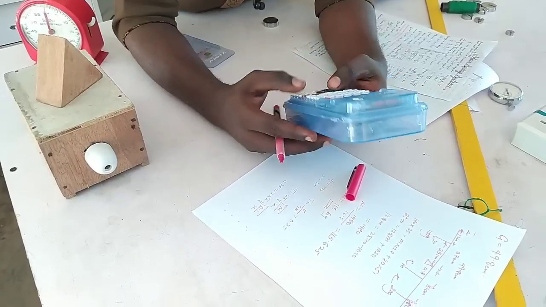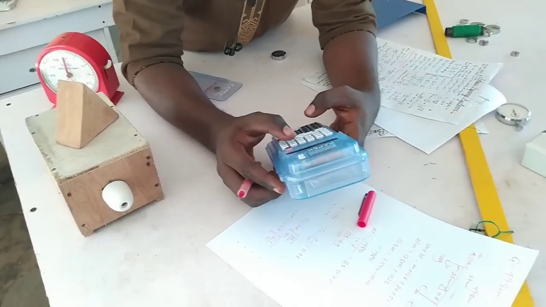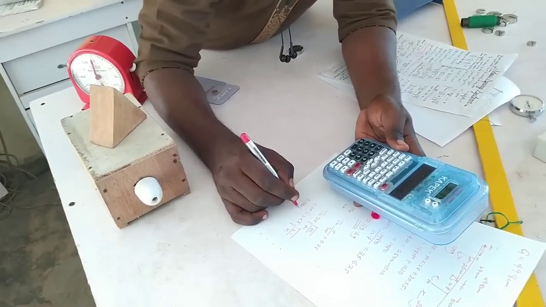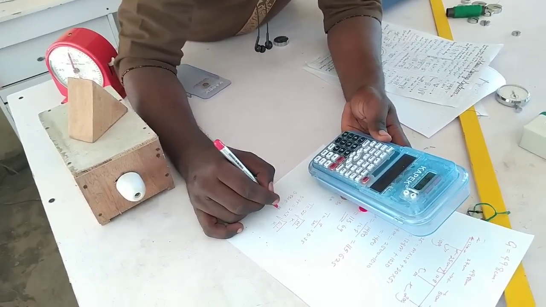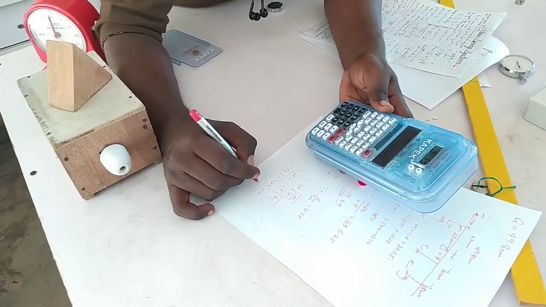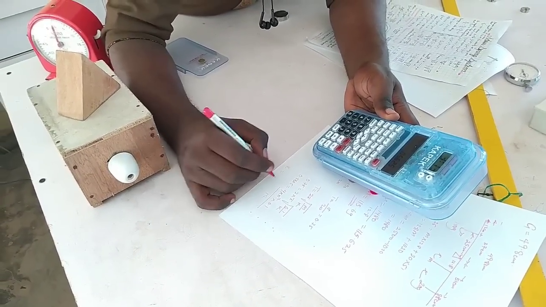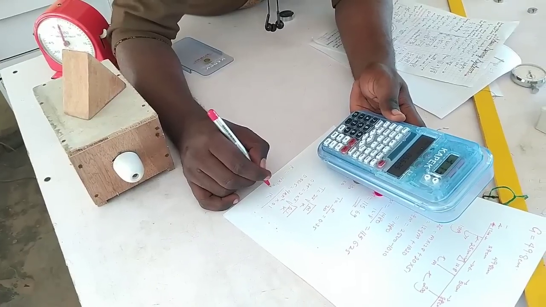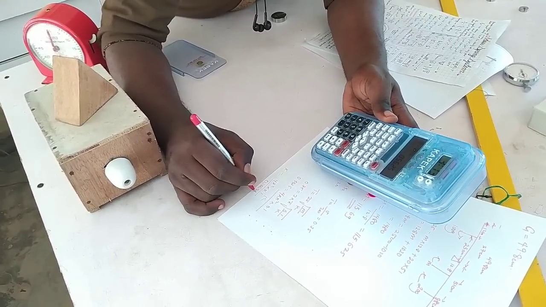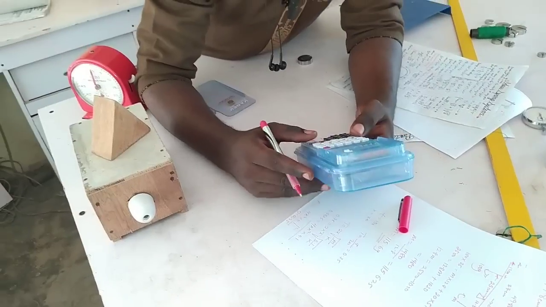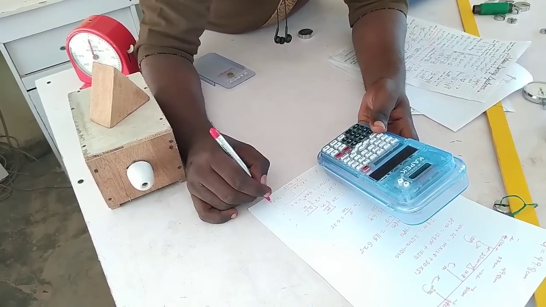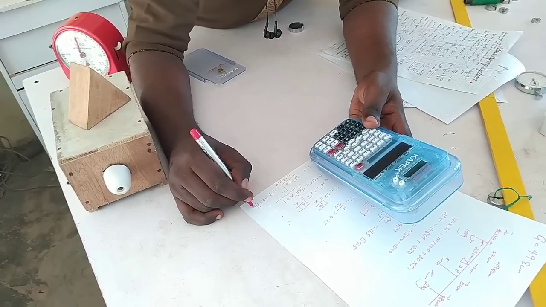So 0.75 squared will give us 0.5625 equal 4 times pi squared multiplied by 0.1 all over k. So your k is equal to 4 pi squared multiplied by 0.1 all over 0.5625. So when you press your calculator for the value of this, I have 7.02 Newton per meter.